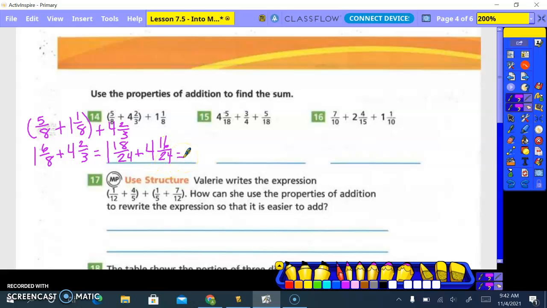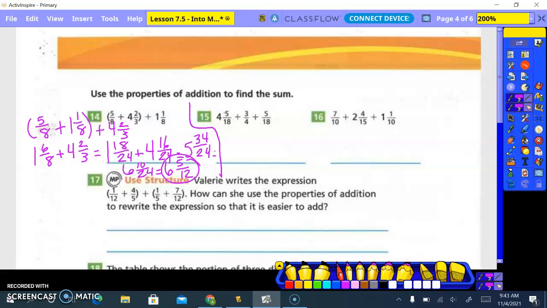So what does that equal? 34 24s, which equals 6 and 10 24s, which equals 6 and 5 12s. Okay, so 6 and 5 12s. Okay, so let's go on to 15. Or is that simplified enough? Yes. Okay, next one.